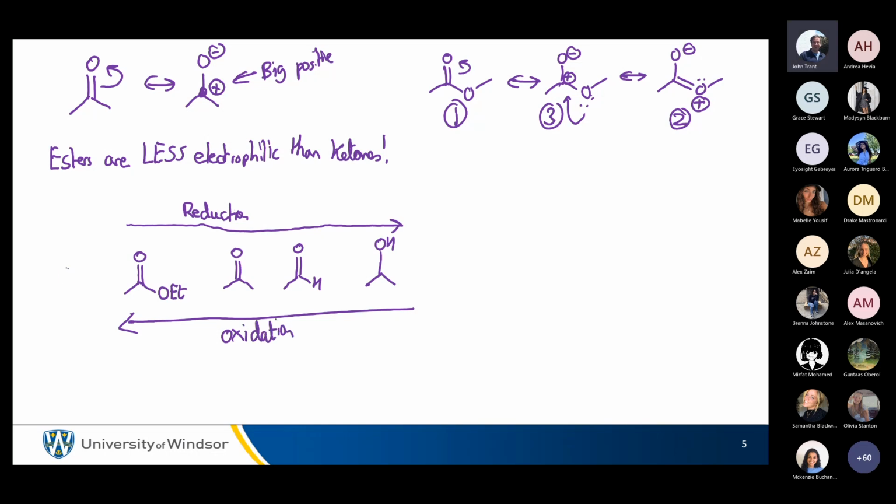And I guess we can go all the way to the most oxidized thing you can get, which is carbon dioxide.